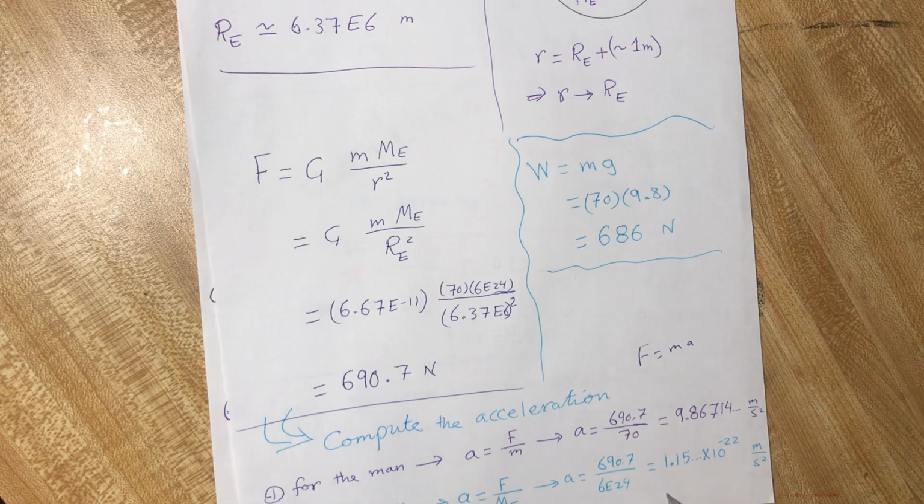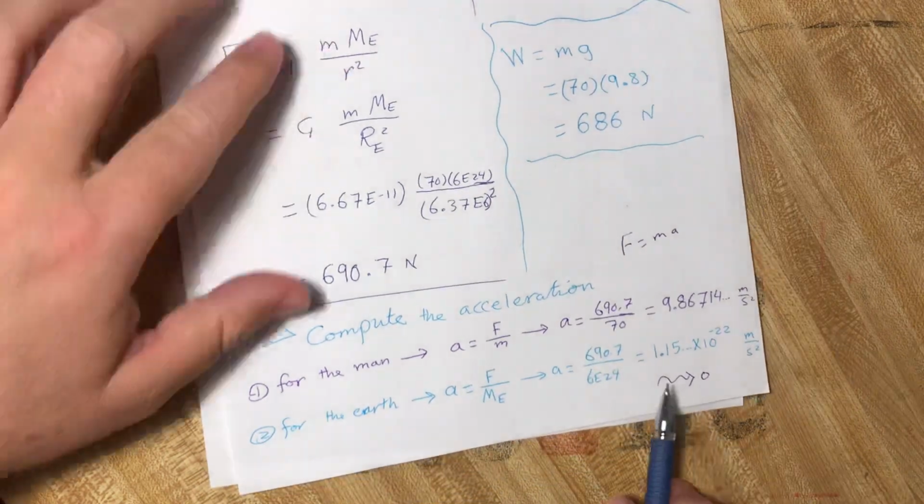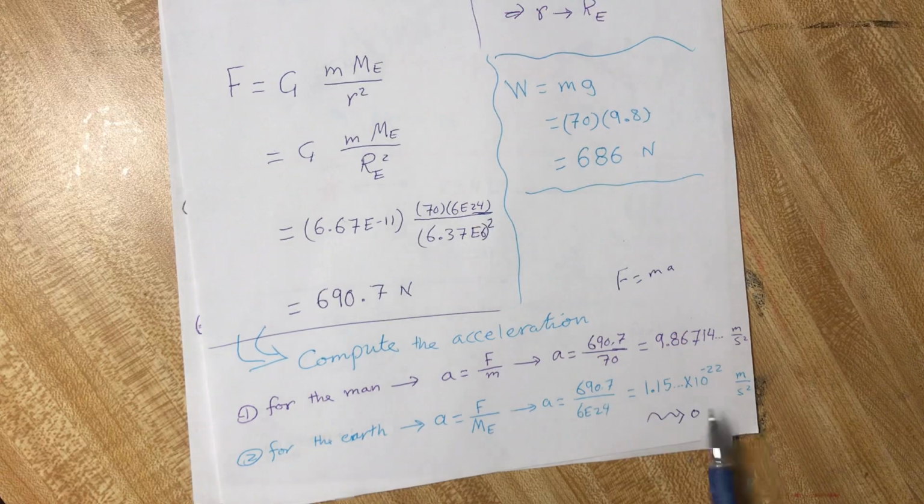It is almost zero. In this case we can see that there is acceleration on the man and there is acceleration on the earth, but the acceleration on the earth is neglected. It is near zero because the mass of the earth is huge.